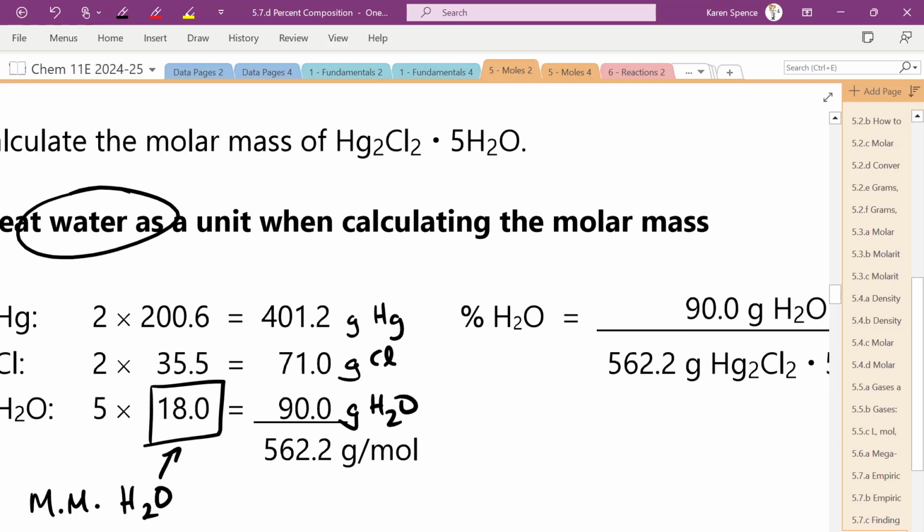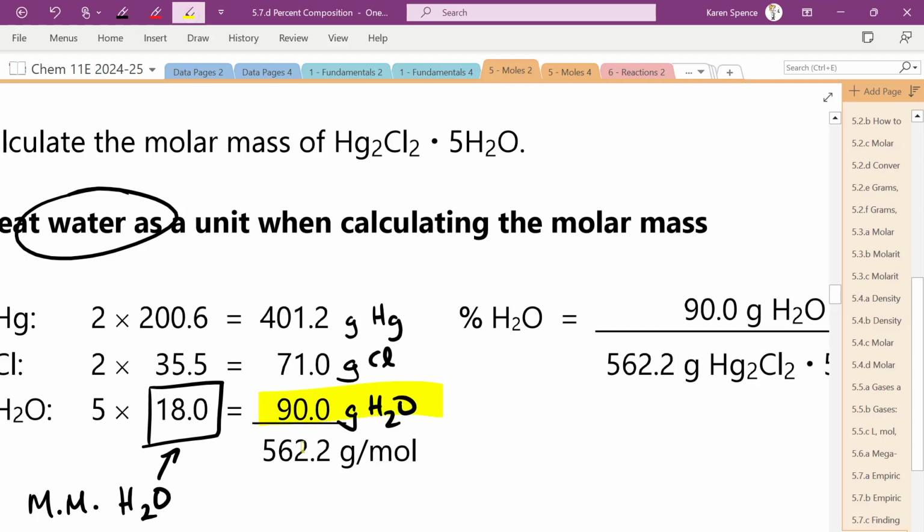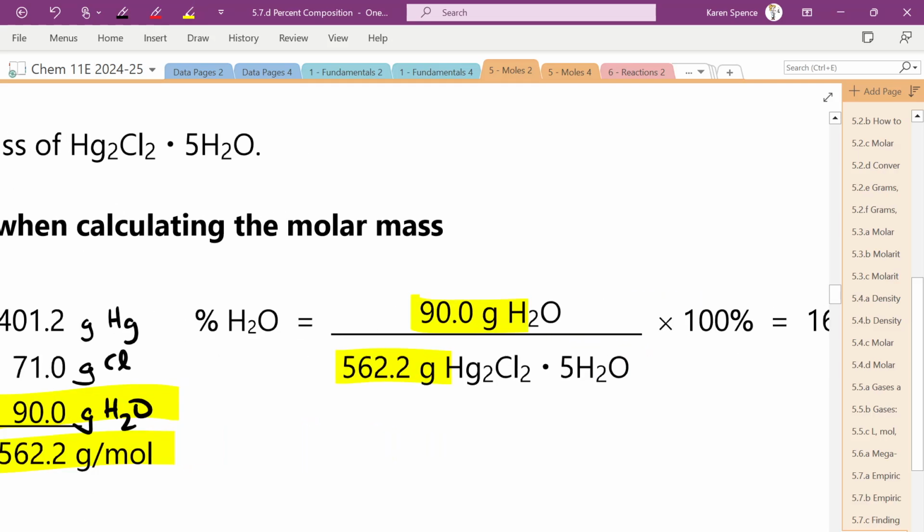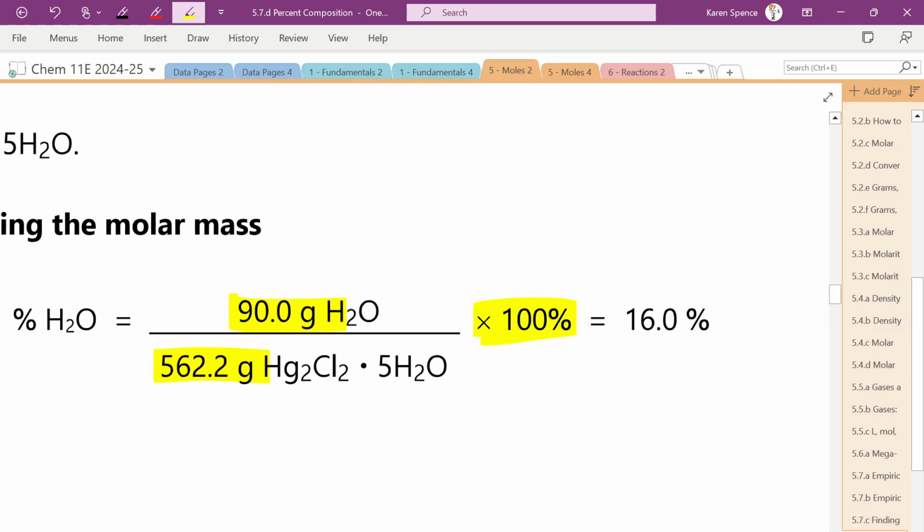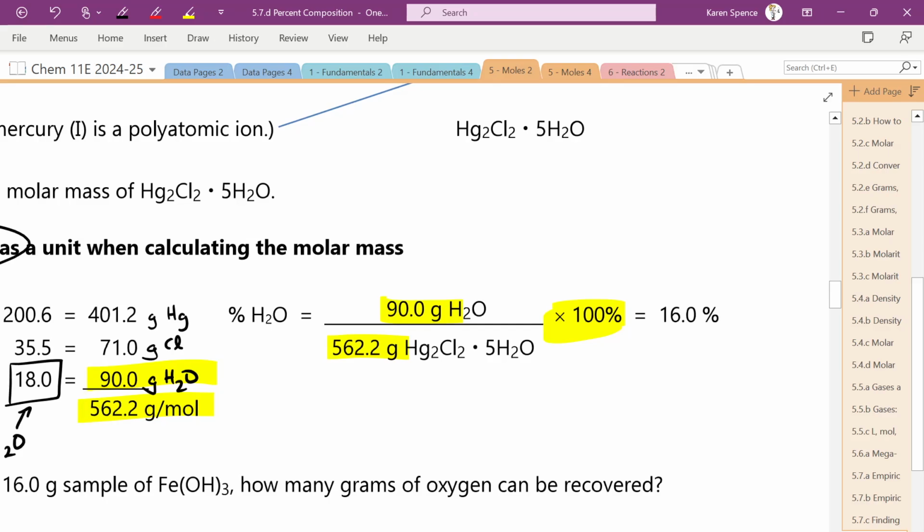Okay, and then you just take your 90 grams of water and you divide by your 562.2 grams of Hg2Cl2. And don't forget, when you're showing your calculation, if you're writing it as a percent, and not as like 0.16, then you should show times 100%. Yes? Or times 100. I don't know what the mathematical proper way of doing that is, but there should be 100 in there somewhere.